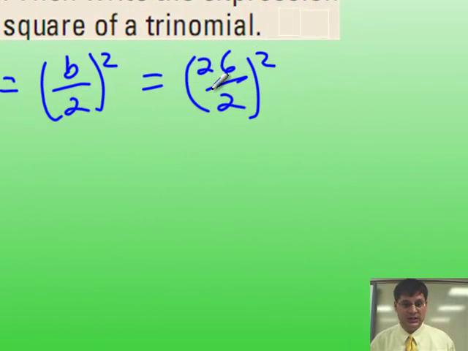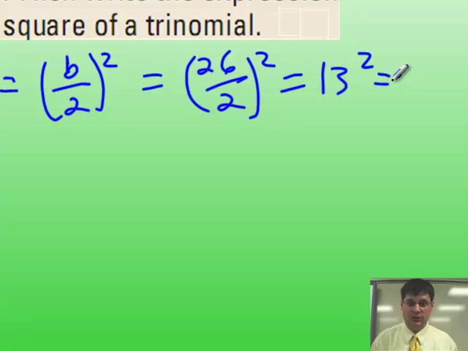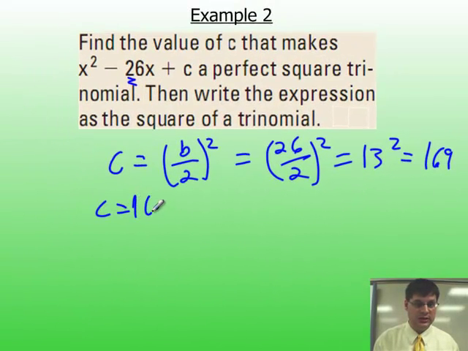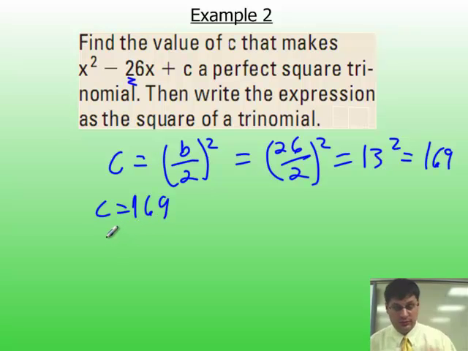So 26 divided by 2 is going to give us 13, and we square that, and that's going to give us 169. So our c value is equal to 169.